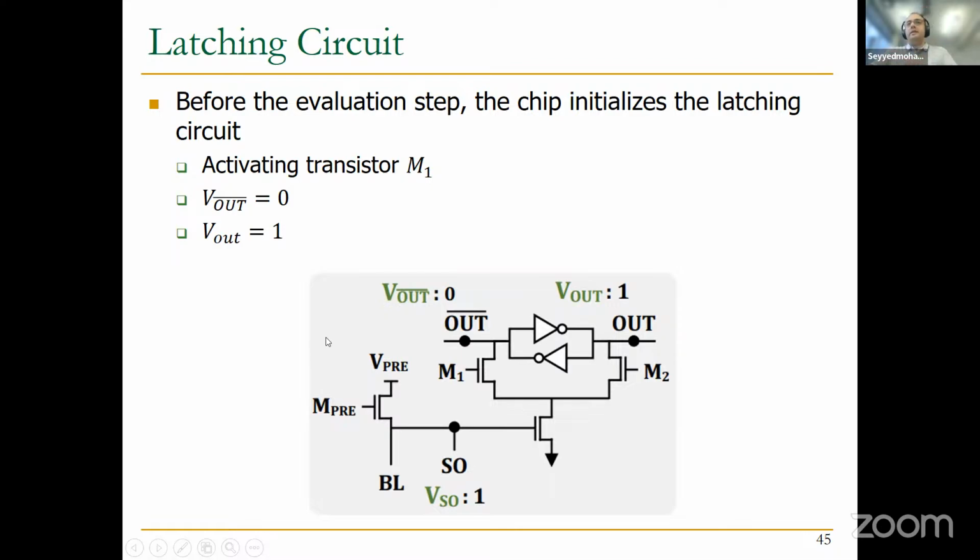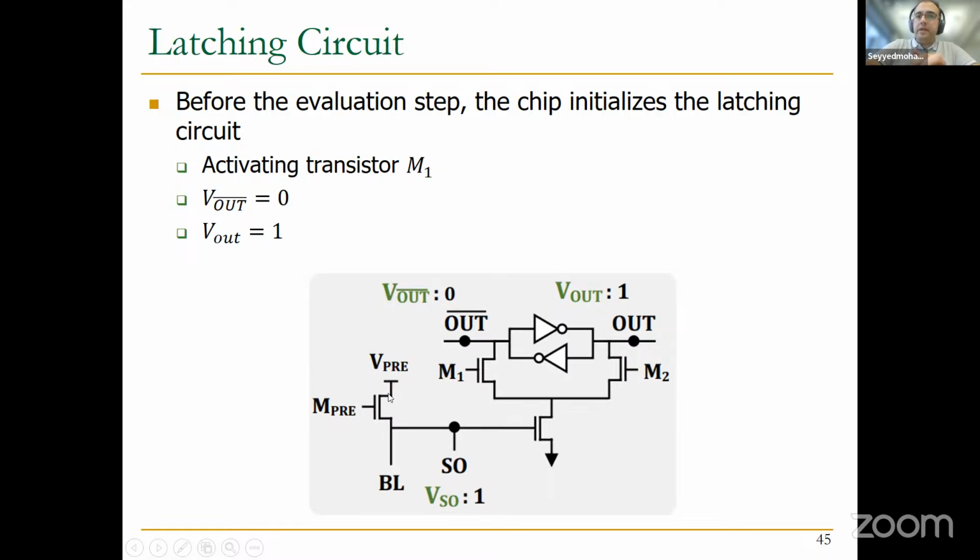In order to initialize the latching circuitry, you first need to activate transistor M1. Also remember that in the pre-charge state, you also activate this M pre.